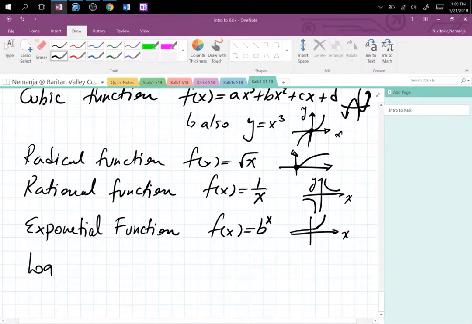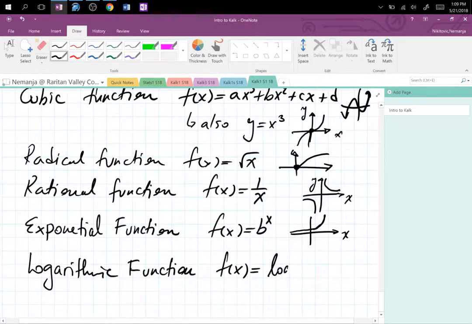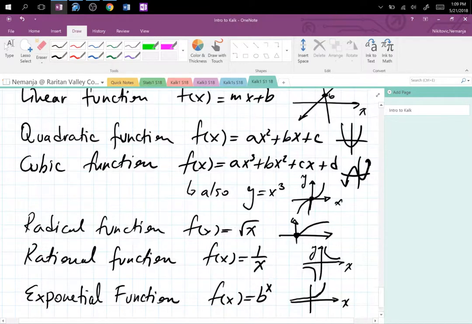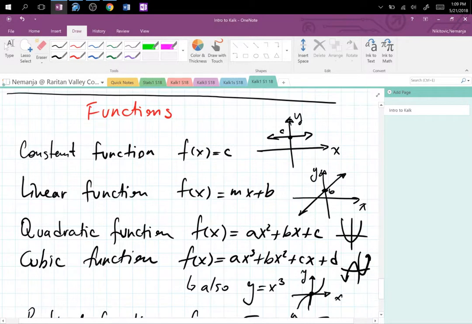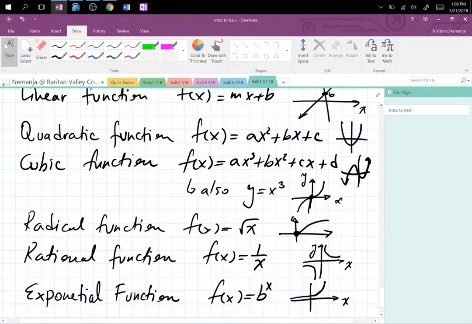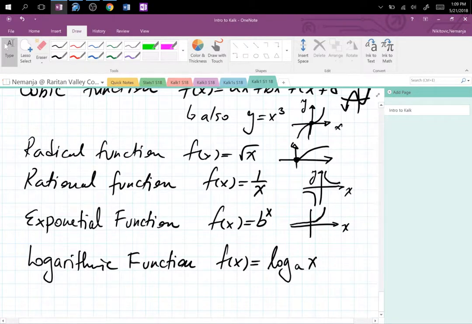And logarithmic function, which is the inverse of the exponential function. There we go. Perfect. So we have constant function, linear, quadratic, cubic, radical, rational, exponential, logarithmic.